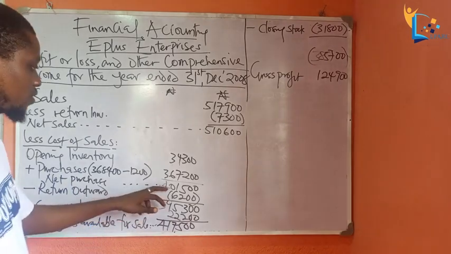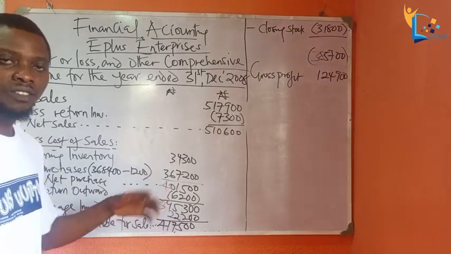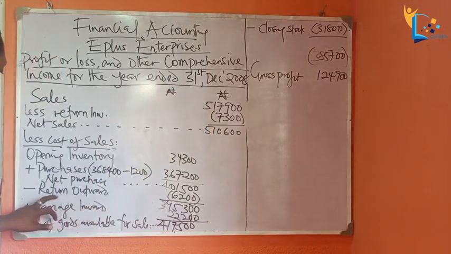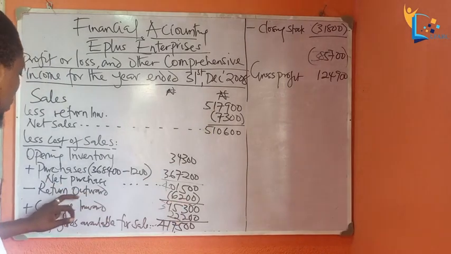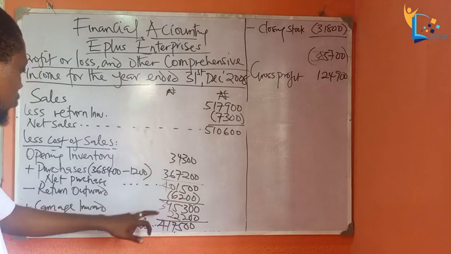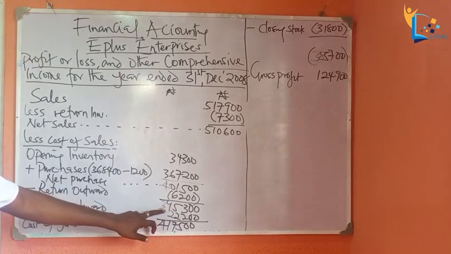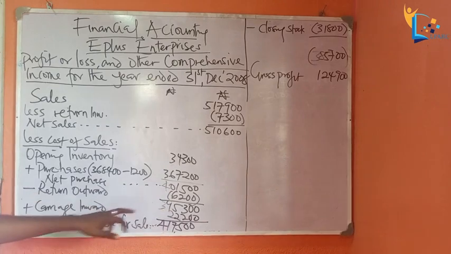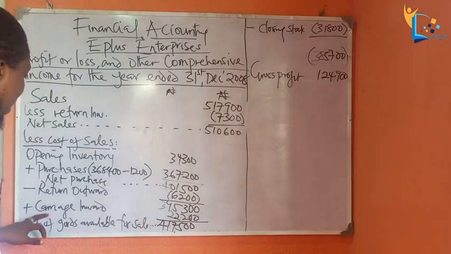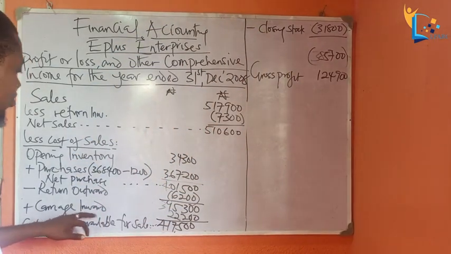Then did we return any goods to our suppliers, the people we bought from? Yes, we returned goods worth 6,200. That is known as return outward. So 6,200, we deduct it from purchase to give us this value. Then the cost of bringing those goods inside is what we refer to as carriage inward.